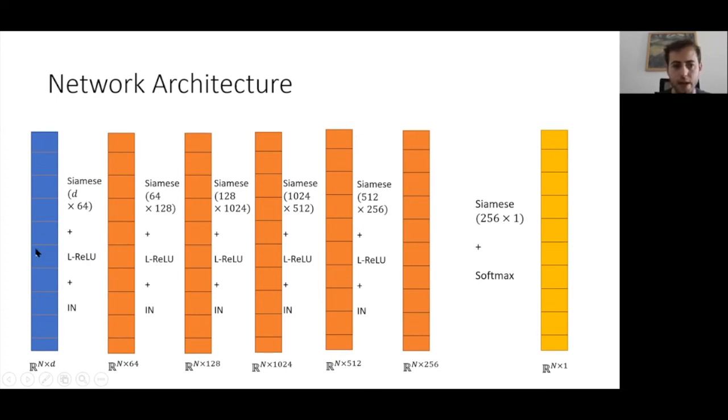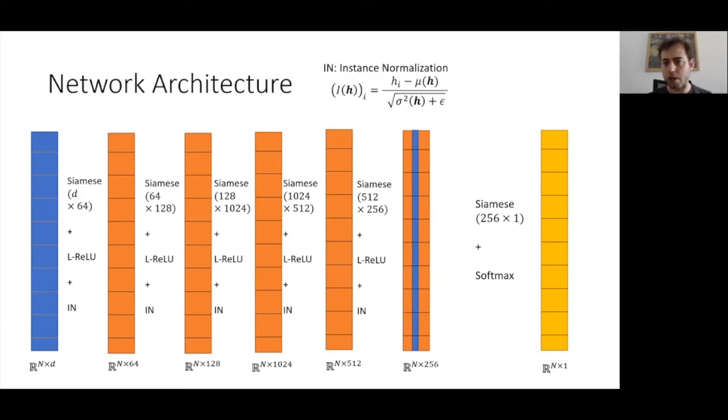So each correspondence in each layer is applied with the same Siamese linear layer identically. So the order is not important if you apply the same operation on each correspondence separately, and they increase the number of channels over time.